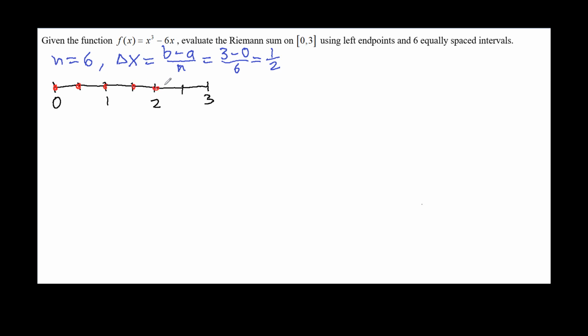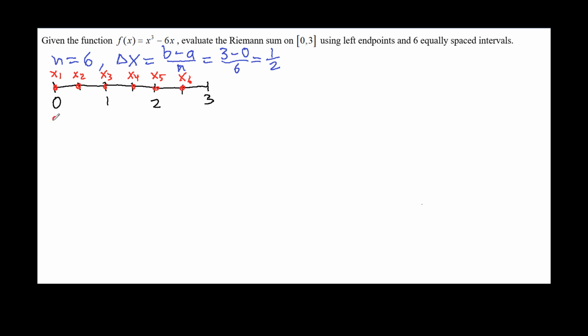Now it's a good idea to label these in a general way, so x1, x2, x3, x4, all the way to x6, so that we see the overlap with the formulas.